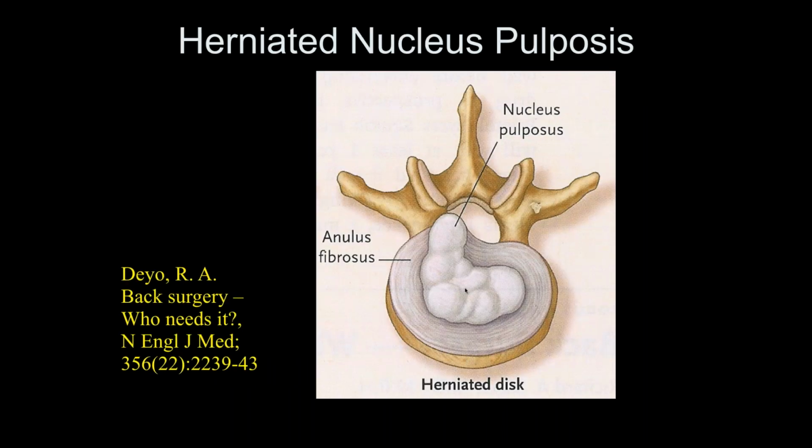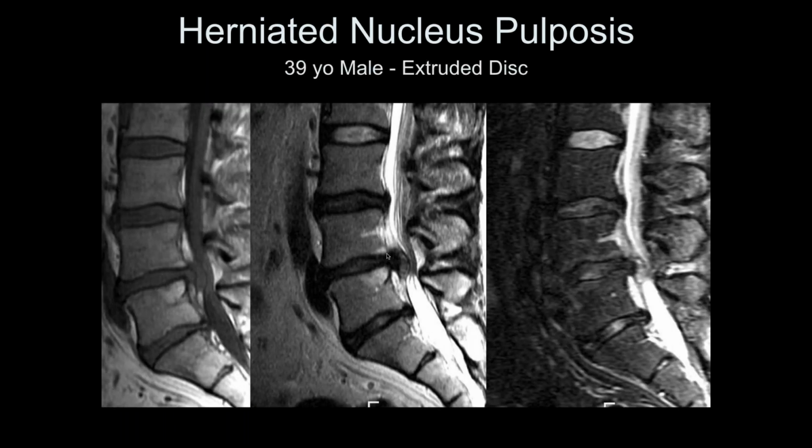In early degenerative disc disease, these are typically due to herniation of the nucleus pulposus, that gelatin that we talked about before, through tears in the annular fibers out to the periphery of the disc, and it's typically located in the posterior half of the disc when it's focal like this.